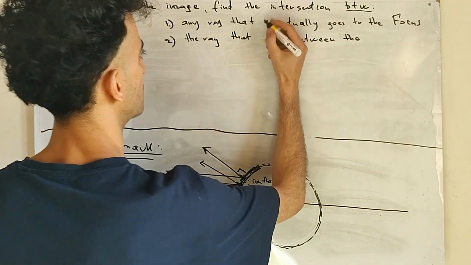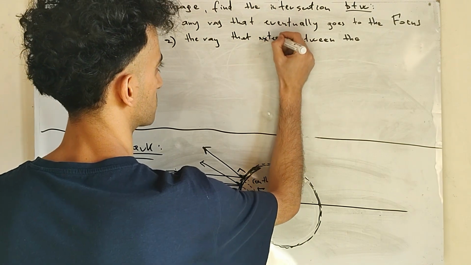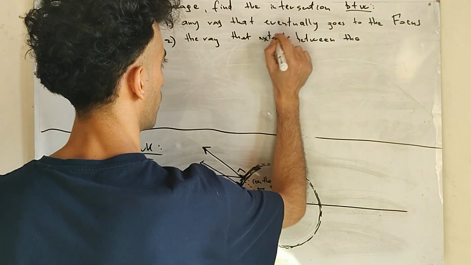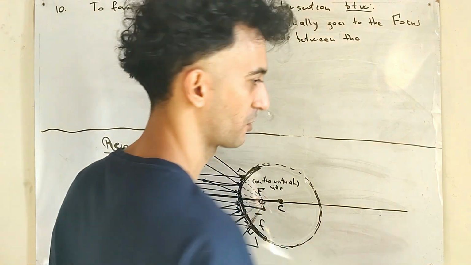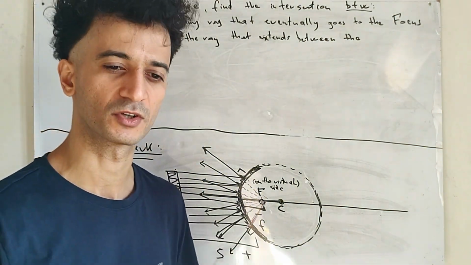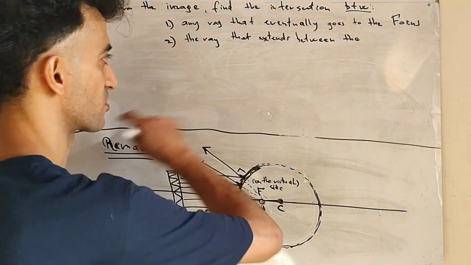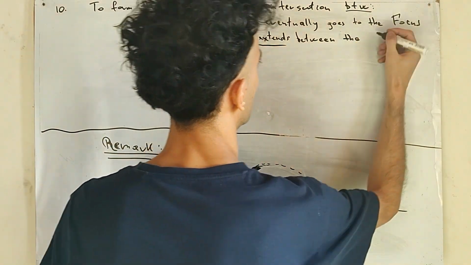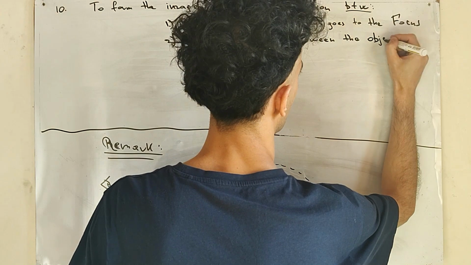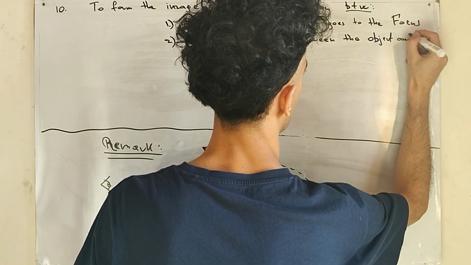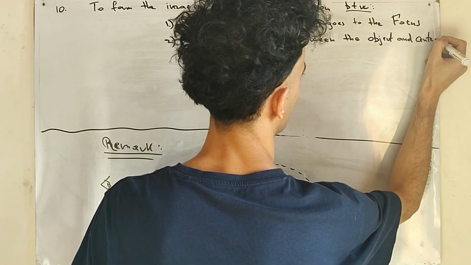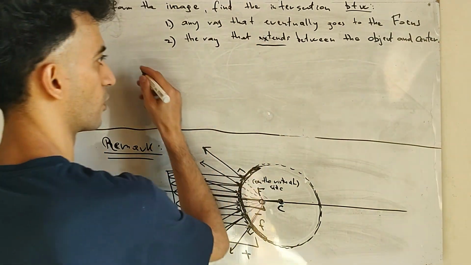I should say that it extends, let's say, because sometimes you have to draw it as if it's going from the center towards the object, but because we're dealing with the geometry, we're interested in geometry only here, we don't really care about the actual physicality. Remember, the virtuality can help us. So the ray that extends between the object and center. Very important.